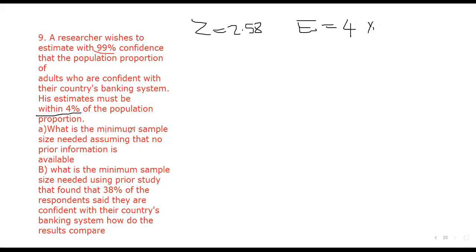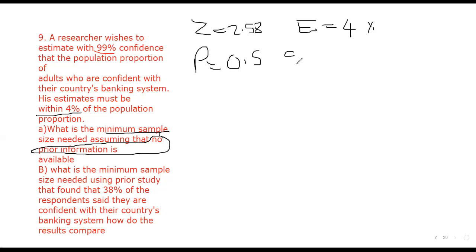What is the minimum sample size needed, assuming there's no prior information? If there's no prior information, we assume P is 50% and Q is 50%. You need to negate bias.